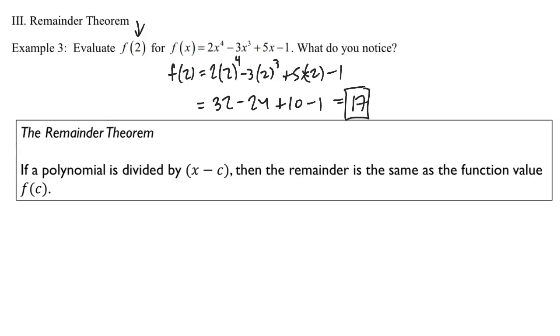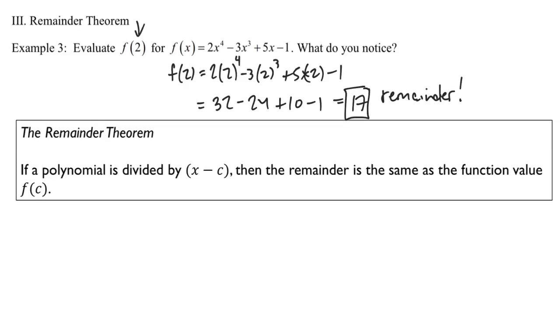Now, what do you notice about that number? Yes, that is the remainder that we got in example 1 and example 2. And so a shortcut for finding the remainder, if all you want to do is find the remainder, is to just evaluate the function at that particular 0.